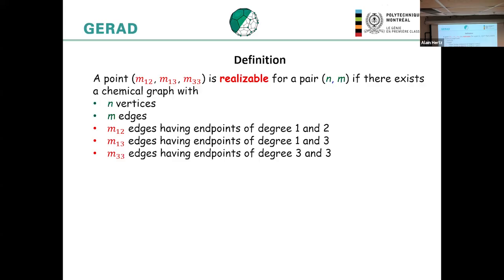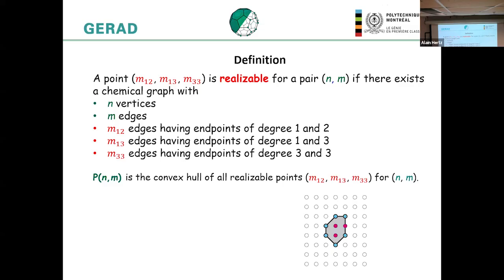So what we do is take the convex hull of all realizable points. That's the convex hull we are looking for. We call it P(n,m). If I give you n and m, you get a set of realizable points and you make the convex hull of all these points. This is the region we are interested in.